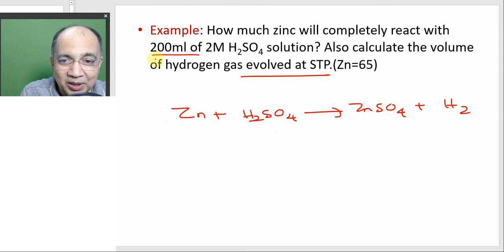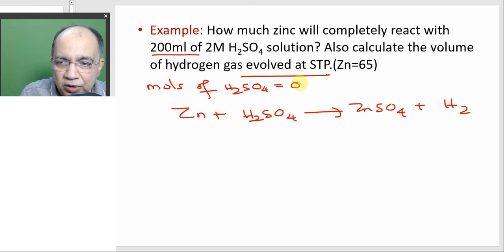If you multiply the volume in milliliter into molarity, or volume in liter into molarity, that will fetch you the number of moles. Milliliter into molarity gives number of millimoles. Let us take number of moles. So number of moles of sulfuric acid is equal to 0.2, because 200 ml is 0.2 liter, into molarity 2. This is 0.4 moles.